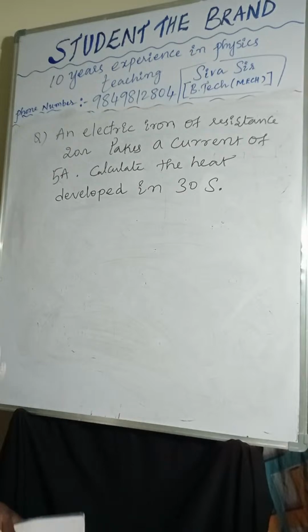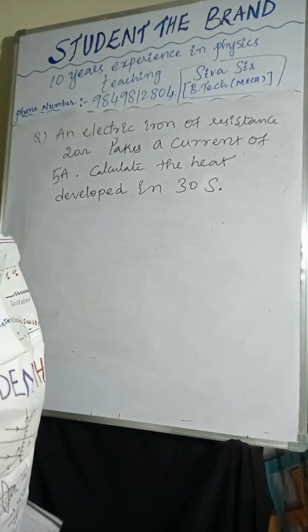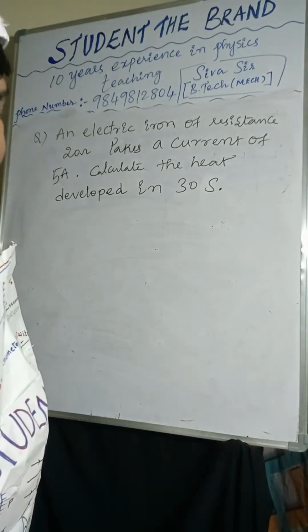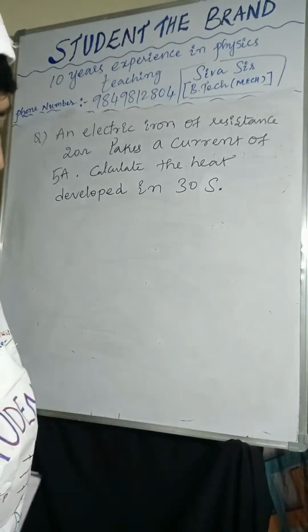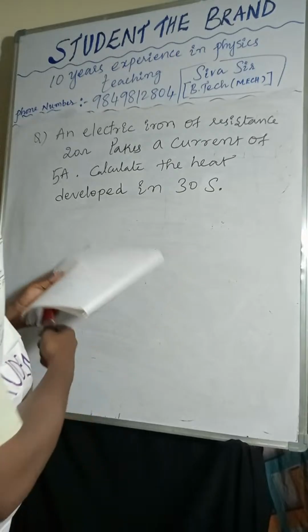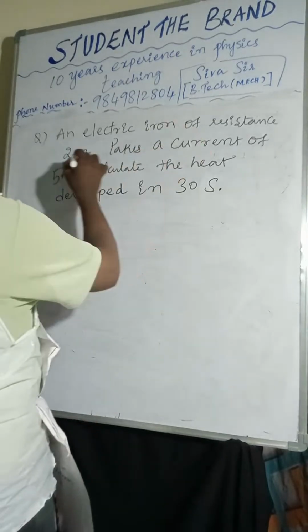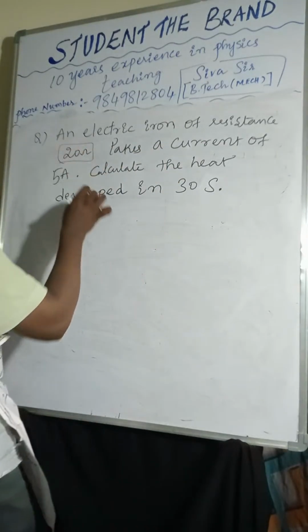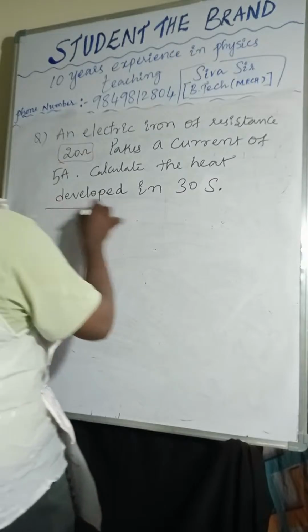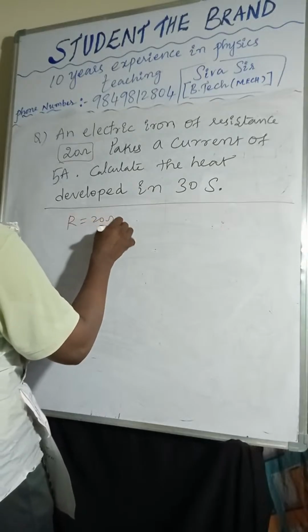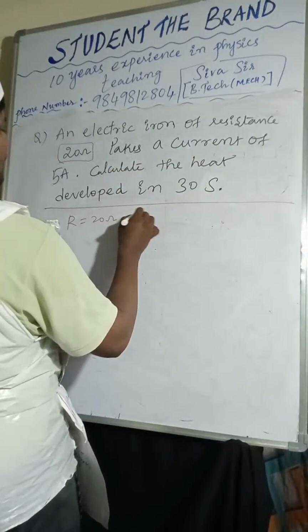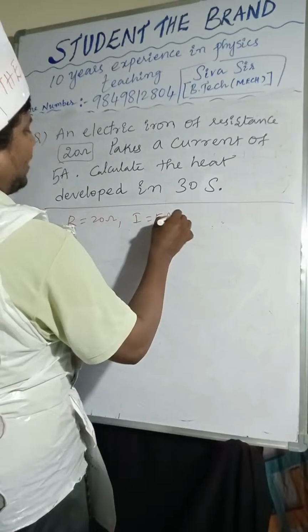Okay, so now you can see, I'll underline so you can observe. Here an electric iron of resistance is given. R equal to 20 ohm. And current I is 5 ampere.